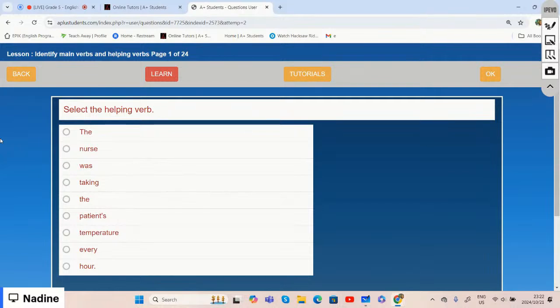So the nurse was taking the patient's temperature every hour. What is the helping verb within that sentence? Or if you want to, you can first look for the main verb and then the helping verb.